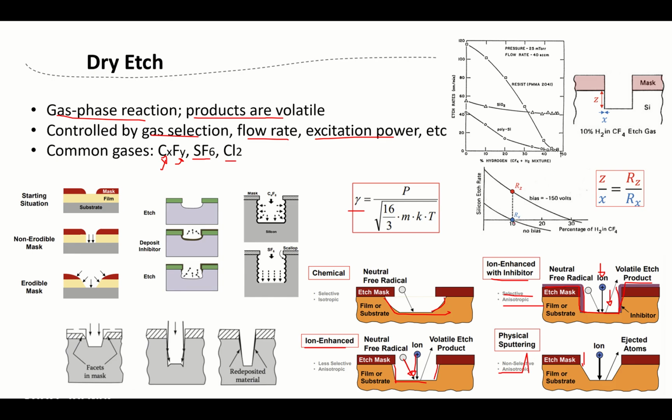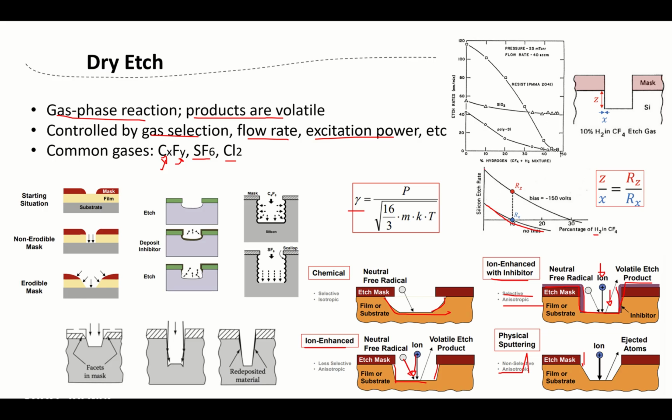So here is the etch for silicon. Originally, without the bias, if we increase the H2, it will decrease the etch rate. That's because H2 will react with fluoride to form HF, so there's less fluoride to react with silicon.